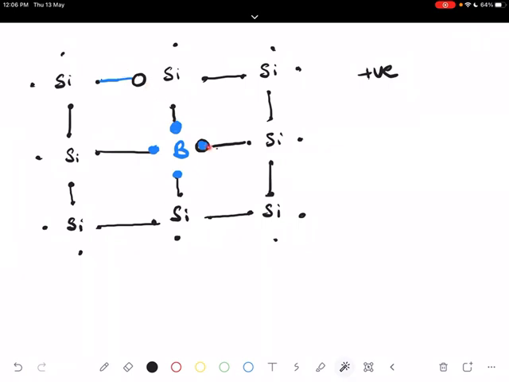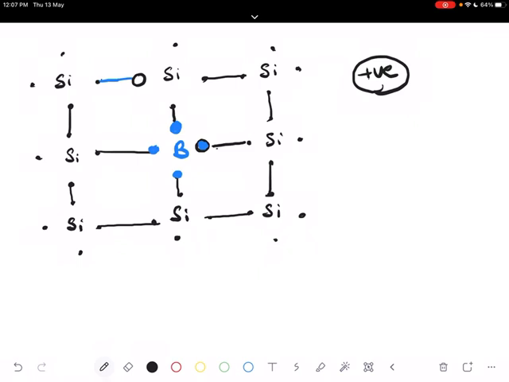The movement of holes is opposite to the movement of electrons. So there is conductivity, and we say the conductivity is due to the holes. Holes have positive charge, so we say conductivity is due to electron holes.